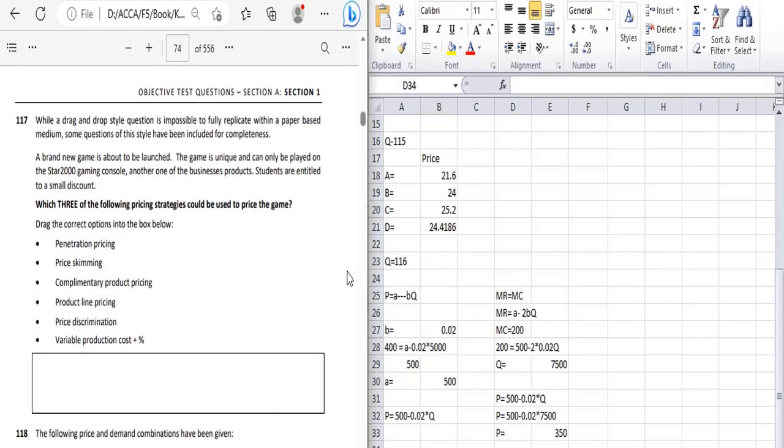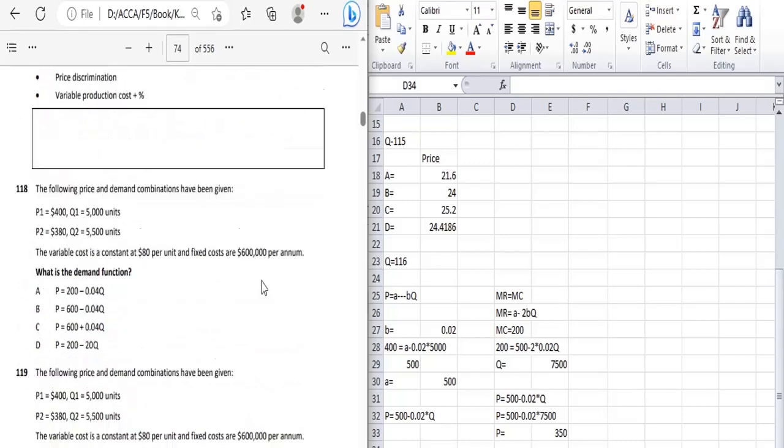So these three are the strategies which could be used: since it is a brand new and unique game, we charge price skimming; since it can only be played on the Star 2000 console, it is complementary product pricing; and since only students get a discount, price discrimination arises.